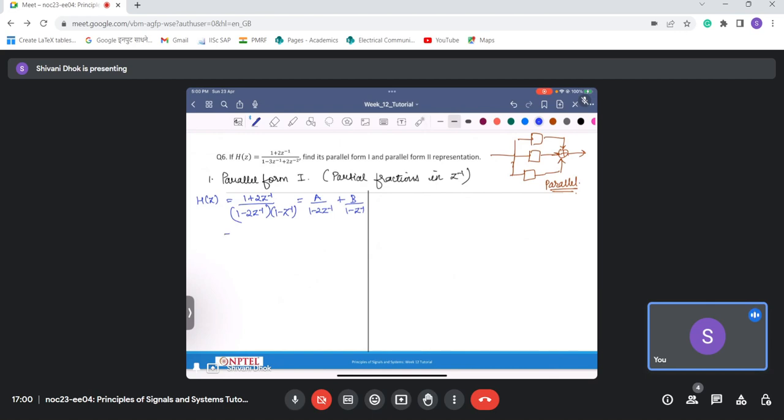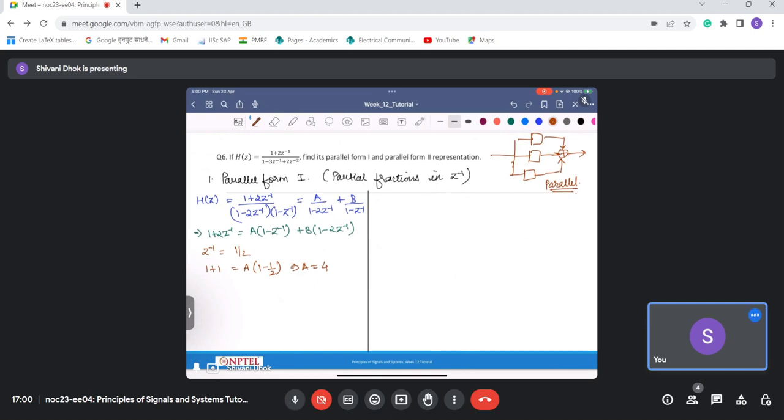In order to find this A and B, I can write 1 plus 2z inverse is equal to A into 1 minus z inverse plus B into 1 minus 2z inverse. To find the value of A, let's say z inverse is equal to 1 by 2. So I have 1 plus 1 is equal to A into 1 minus 1 by 2, which implies that A is equal to 4.